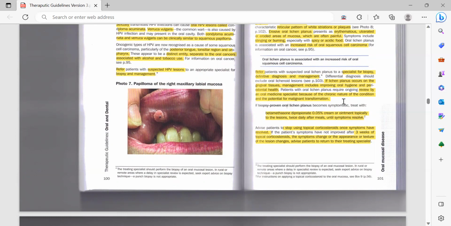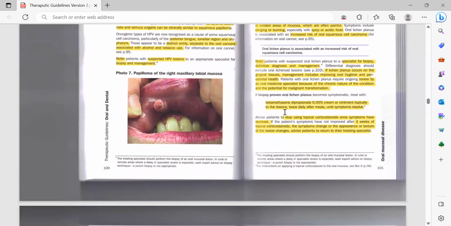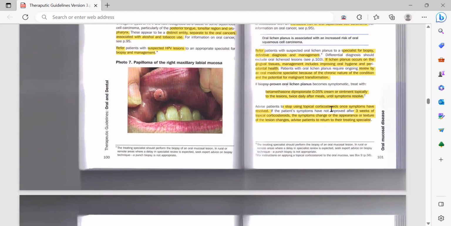What is the meaning of symptomatic? There is pain or any symptoms from that, so you can prescribe this cream and ask them to apply it 2 times a day until symptoms resolve. Advise patients to stop using topical corticosteroids once symptoms have resolved.